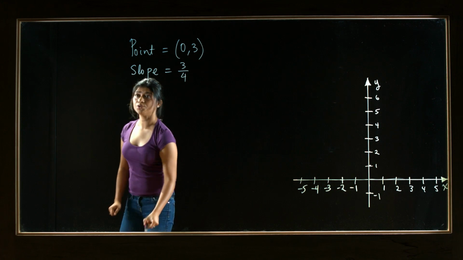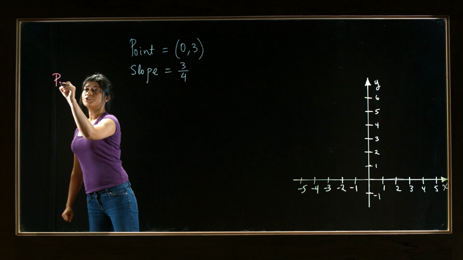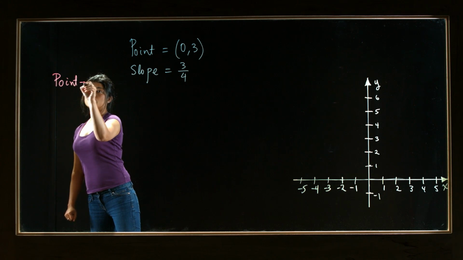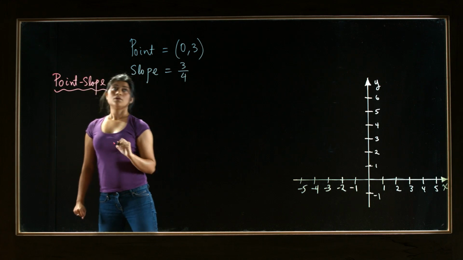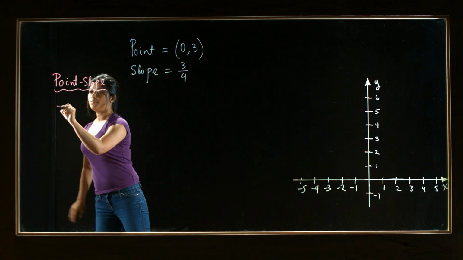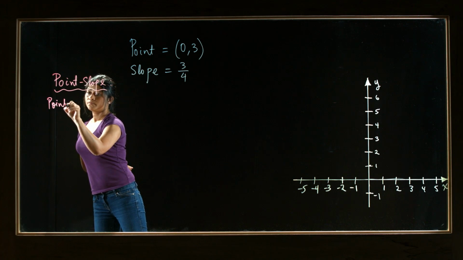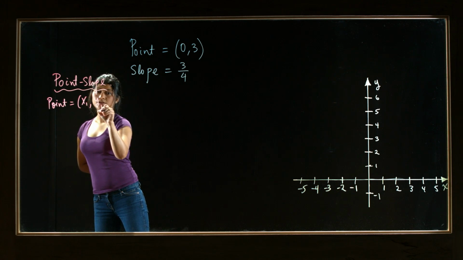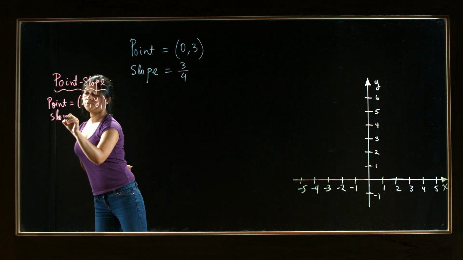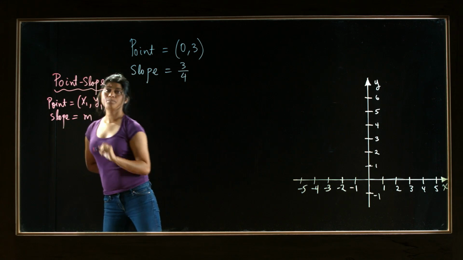So let me remind you how to write the equation of a line in point slope form. Suppose we have a point, any general point, say (x1, y1), and say we have slope, which is m.